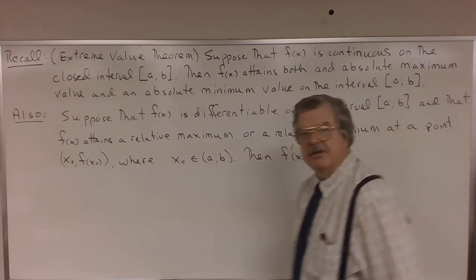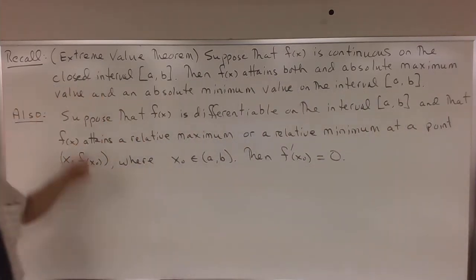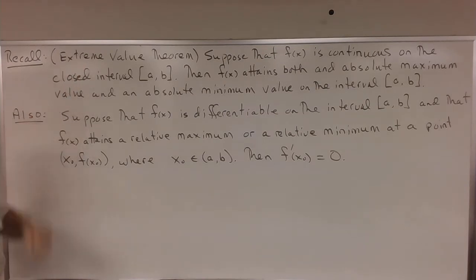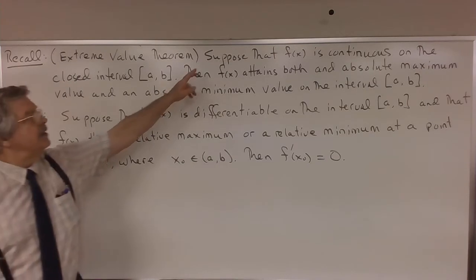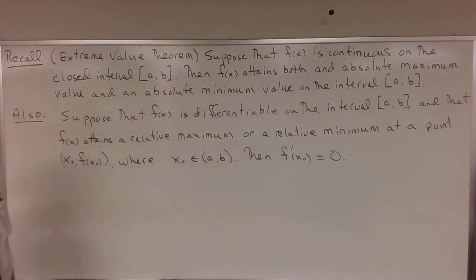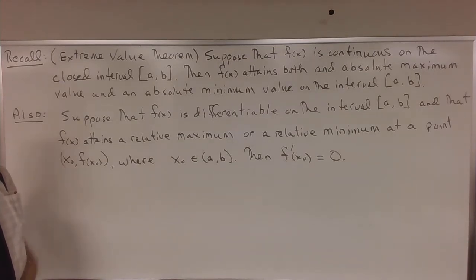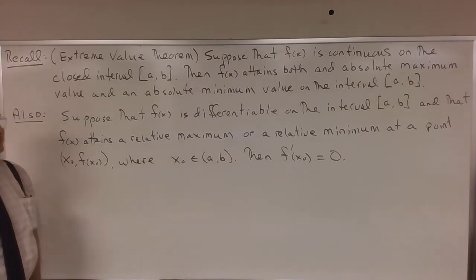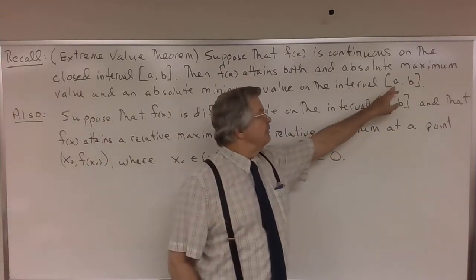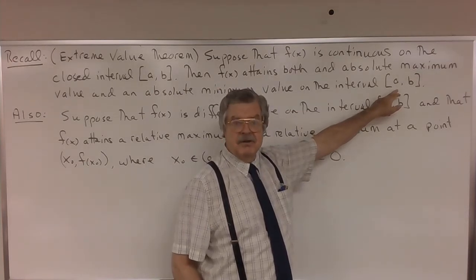So the first thing that we want to look at is the extreme value theorem. And it says, suppose that f of x is continuous on the closed interval AB. Then f of x attains both an absolute maximum value and an absolute minimum value at some point on this closed interval.